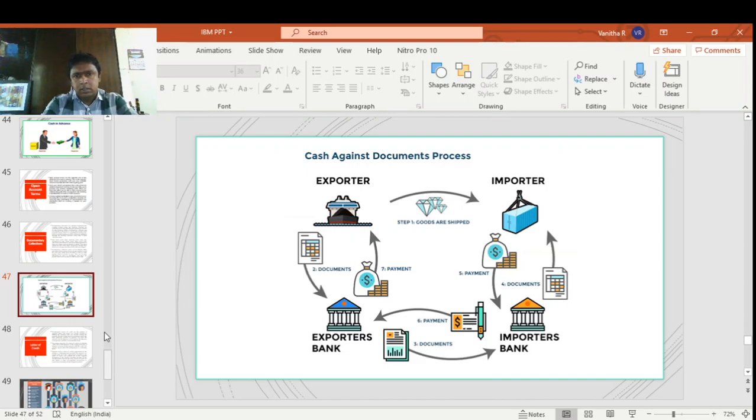Similar to Exim Bank, there are banks which exist across the country. Exim Bank is the export and import bank of India. Similar to that, you will have banks which work closely with or under the Industry and Commerce Ministry of any country.